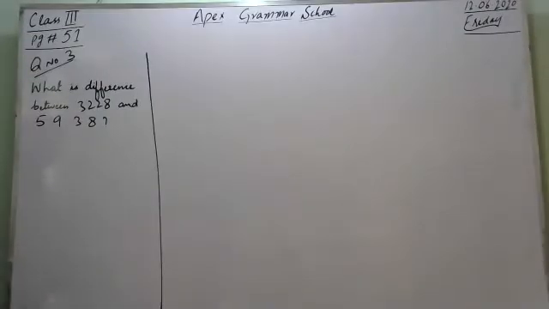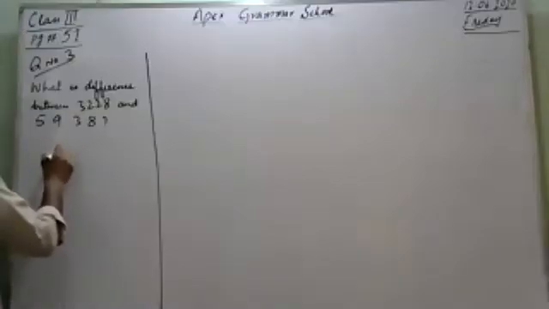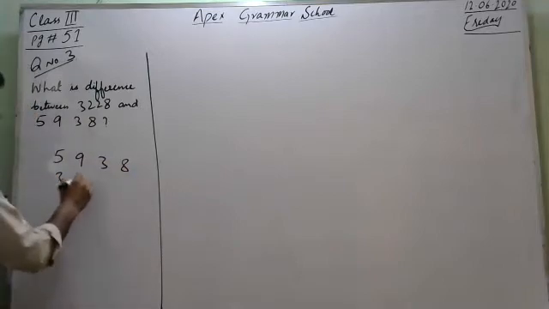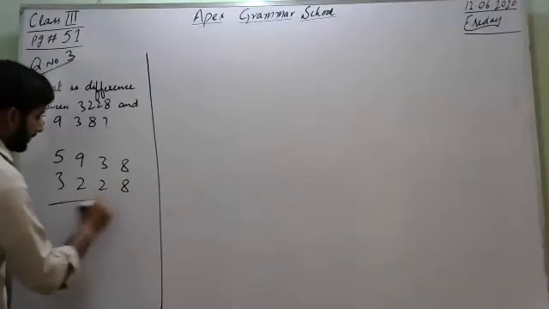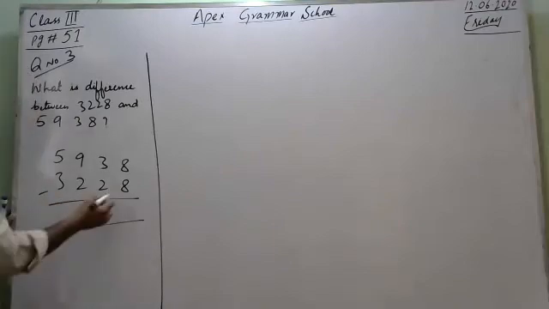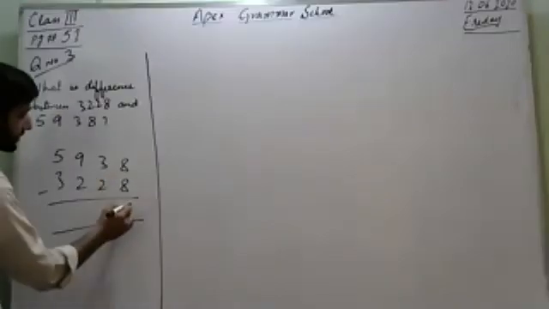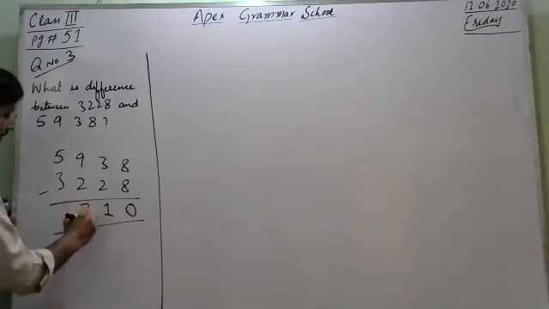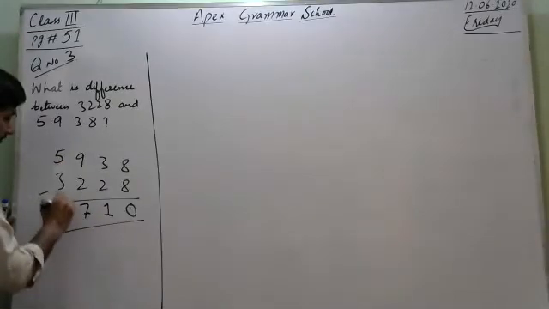Now from these two numbers 5938 is greater, so we will write it first, 5938, then 3228. Now subtract. From extreme right side, 8 minus 8 is 0, 3 minus 2 is 1, 9 minus 2 is 7, and 5 minus 3 is 2.